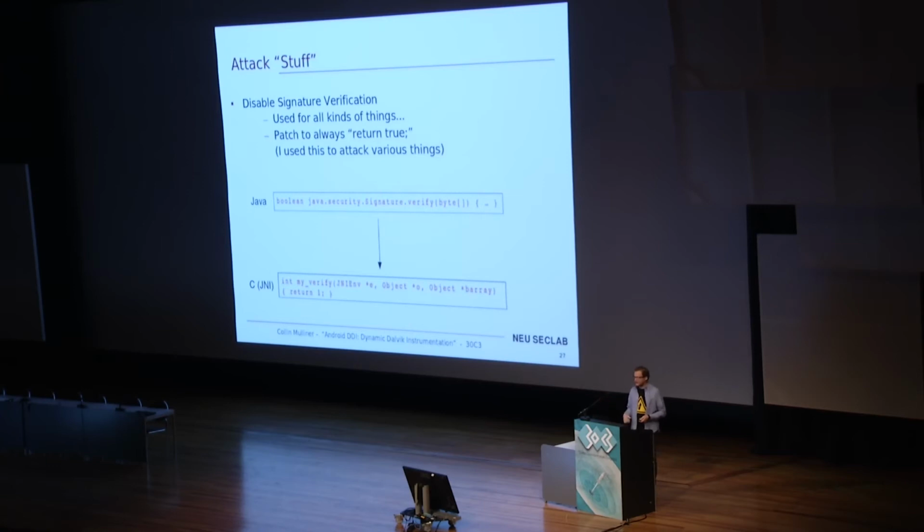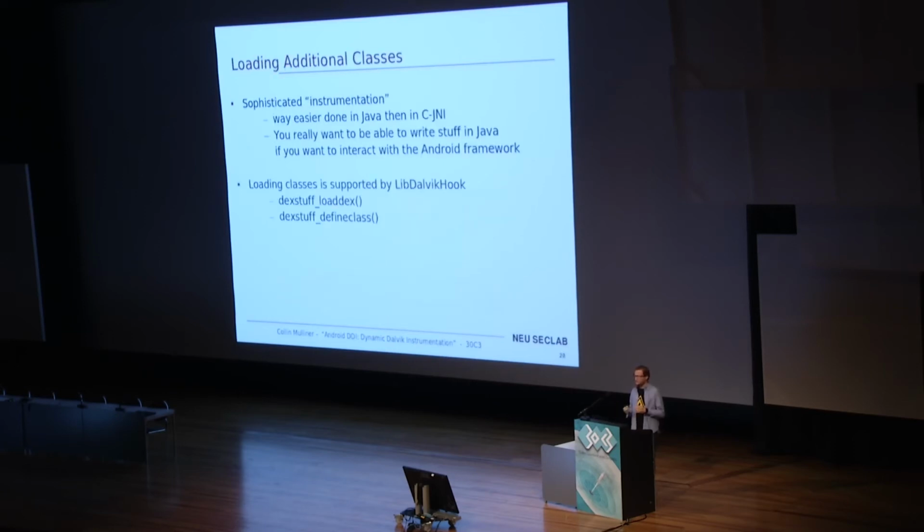So these two things, where you either monitor stuff or disable some checks, are only the beginning. If you want to do more sophisticated instrumentation, you of course want to write more code.